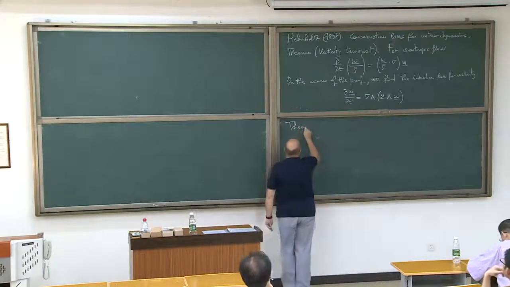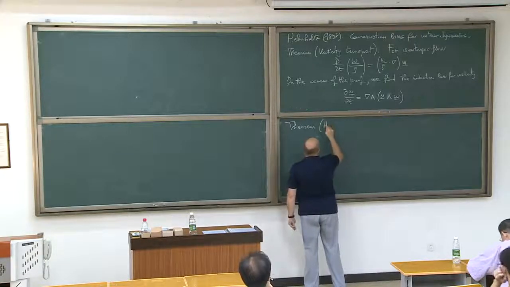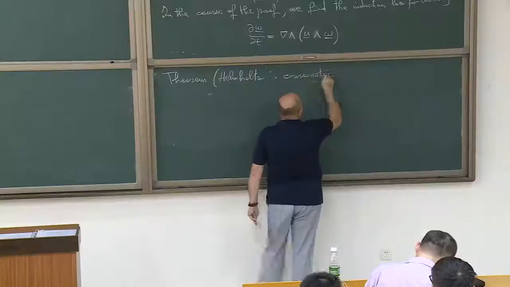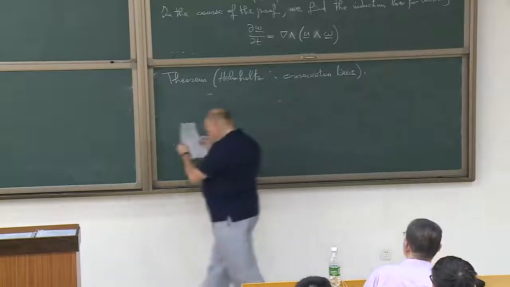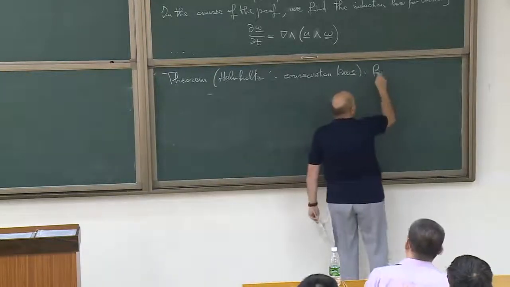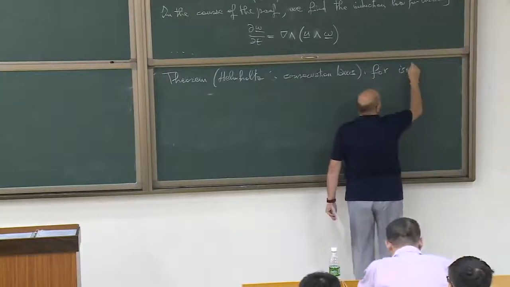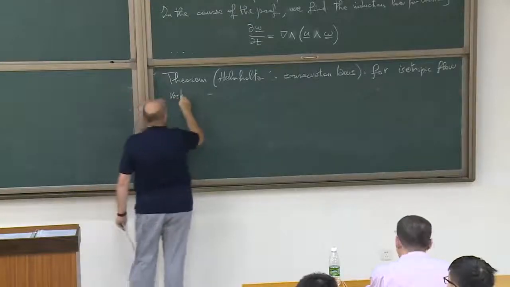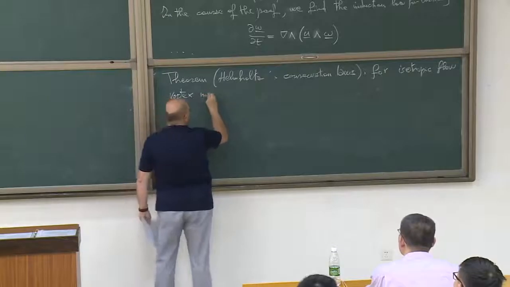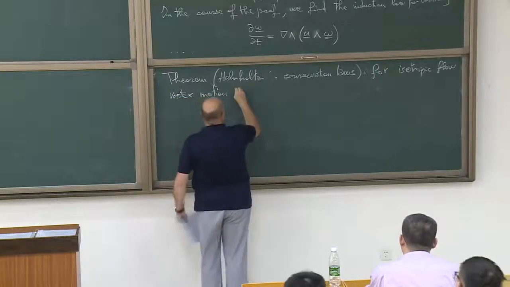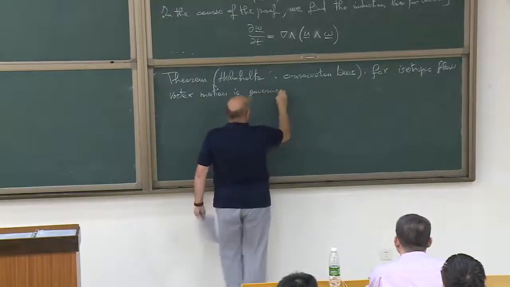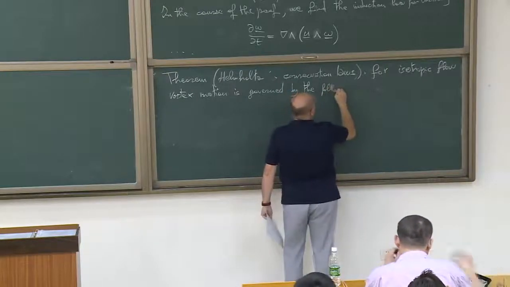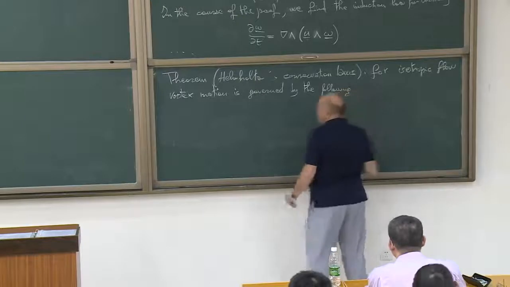So this is Helmholtz's conservation law. So we have three laws. Let's say that for isotropic flow, vortex motion is governed by this equation, that equation, and also by the following conservation laws.